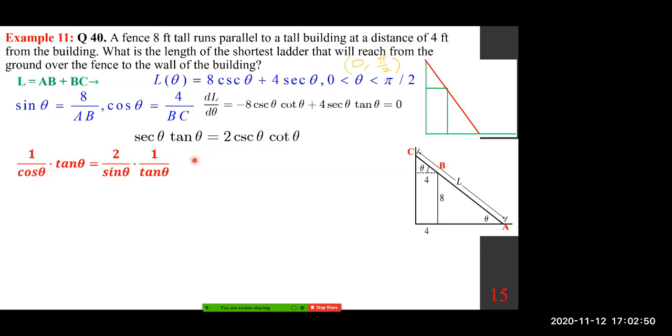Cotangent, we change it. Now, I hope you see that if we want to get rid of this, we bring the tangent to this side, and it becomes tan squared. If you bring the sine to this side, sine over cosine is another tangent, that gives you tangent cubed equals 2.